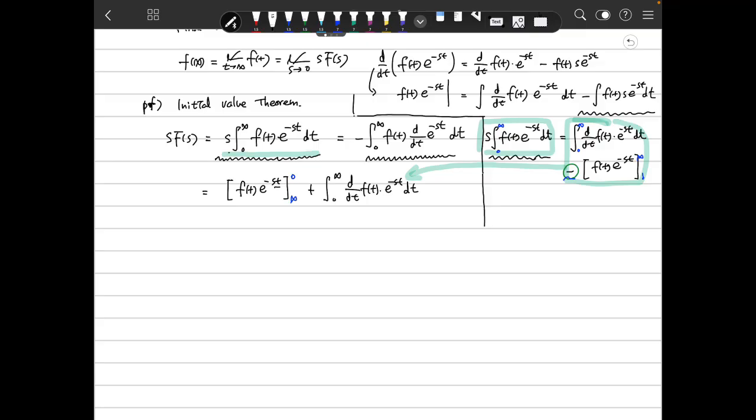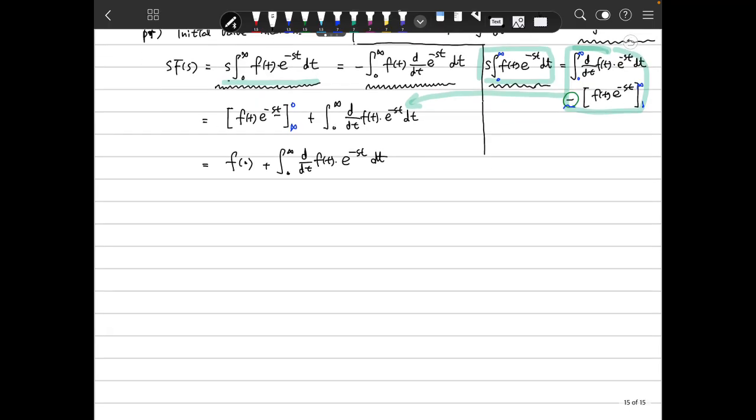So the remaining thing is f(0) plus the integral from 0 to infinity of d/dt f(t) e^(-st) dt.